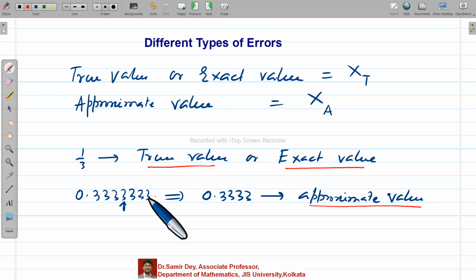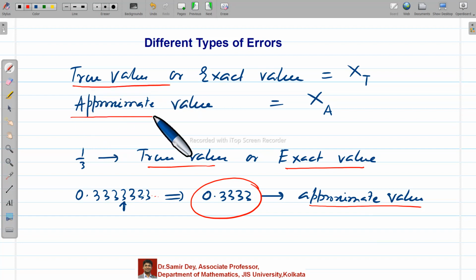So from a calculation point of view we need to discard to some extent. In this case I have considered up to this level, that means 0.3333, so this one is called the approximate value. Now I think it is clear to everyone.